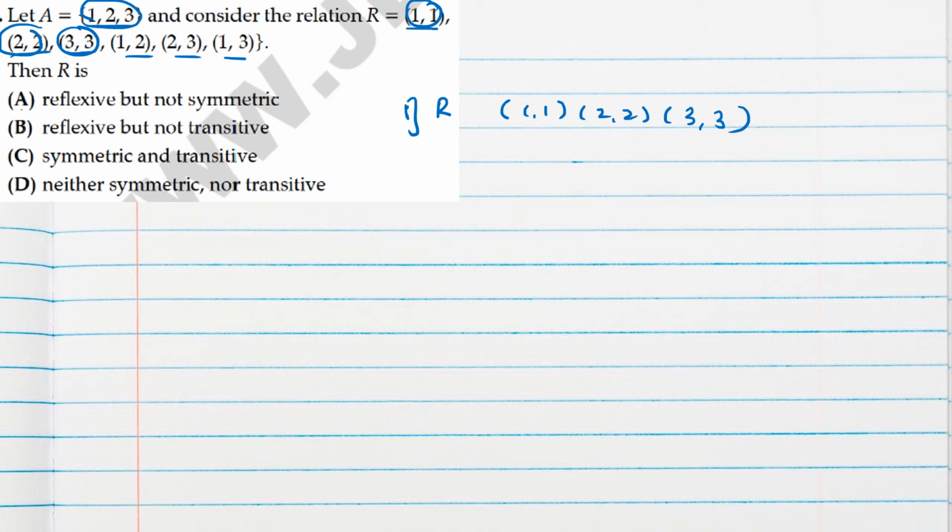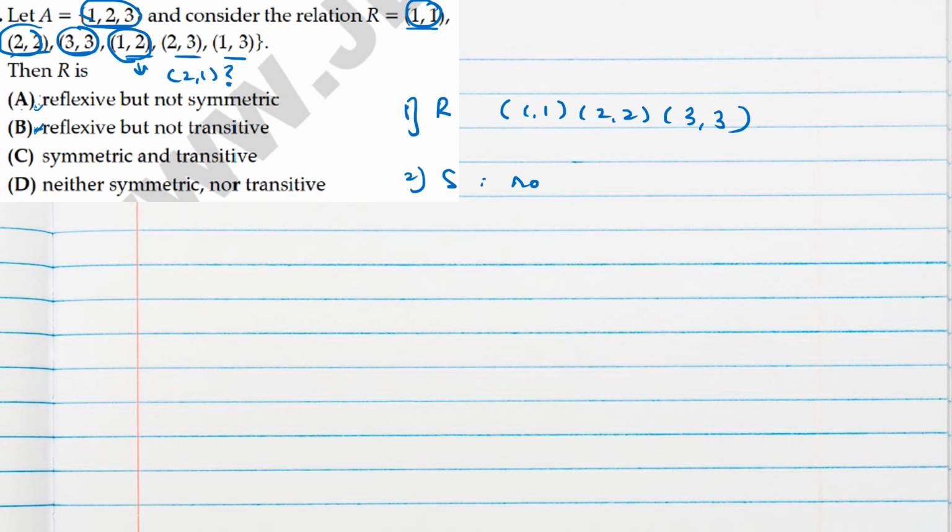So in A and B we can see reflexive is given. That means A and B are possible. Now out of A and B we will select. To check symmetric, (1,2) is given but (2,1) is missing. That means it is not symmetric.